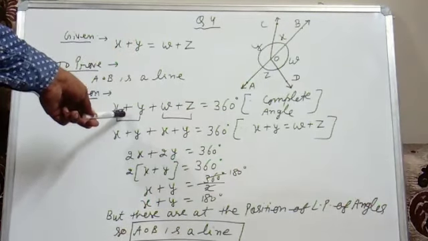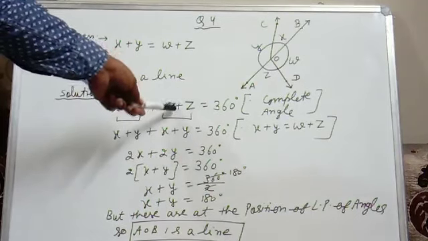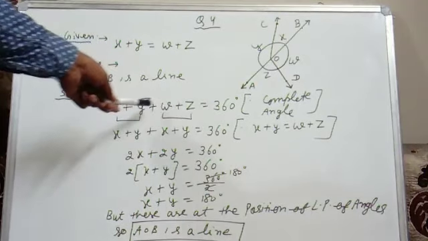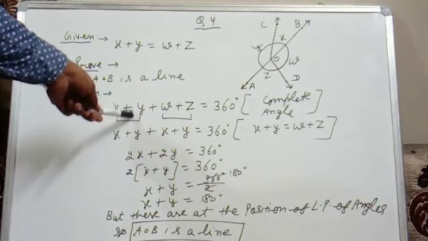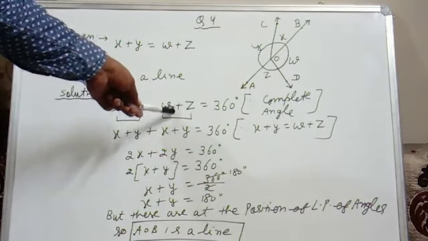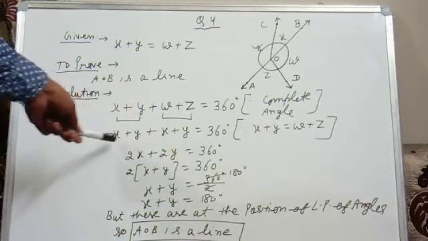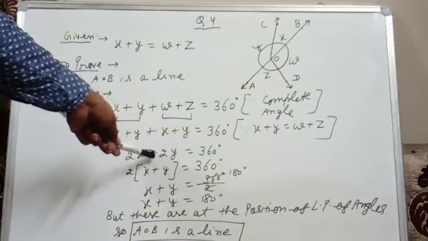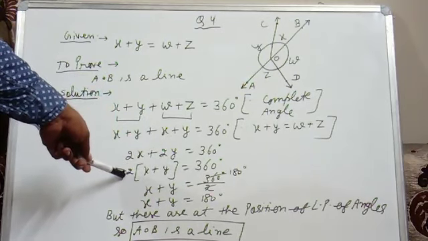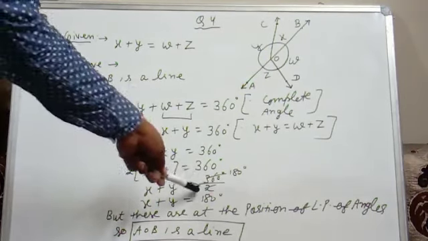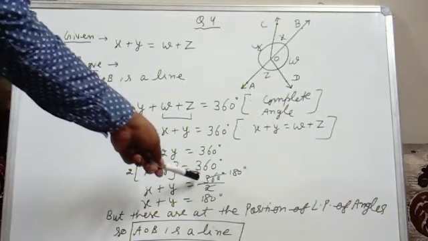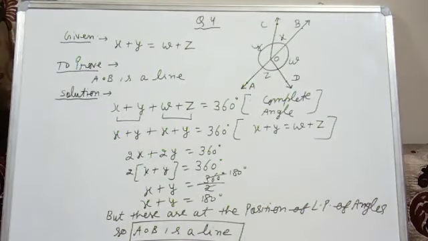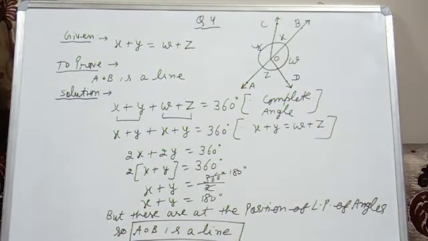So in place of w plus z we can write x plus y. So x plus x we have 2x, y plus y we have 2y. So 2 will be common here, so on that side 2 will divide. When we divide 360 by 2, we will get 180 degrees.